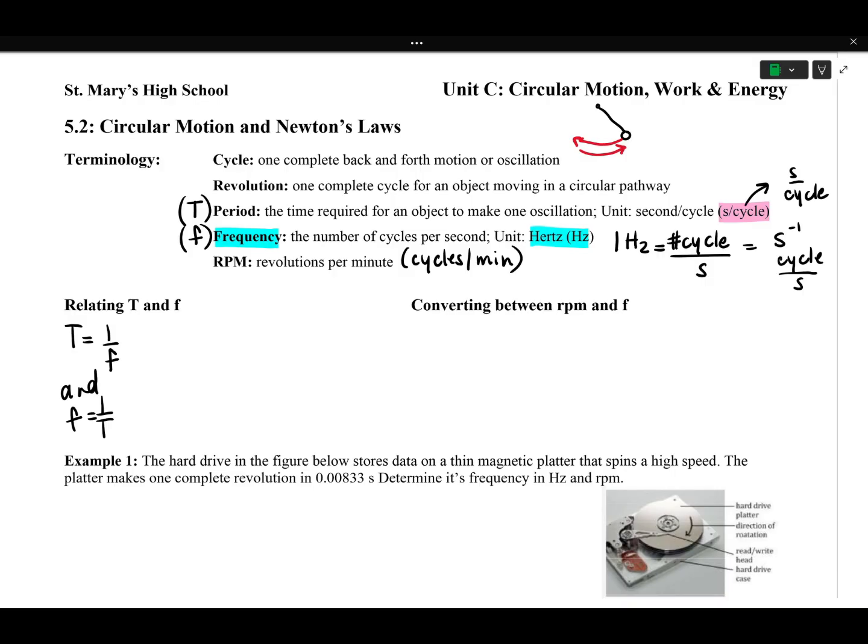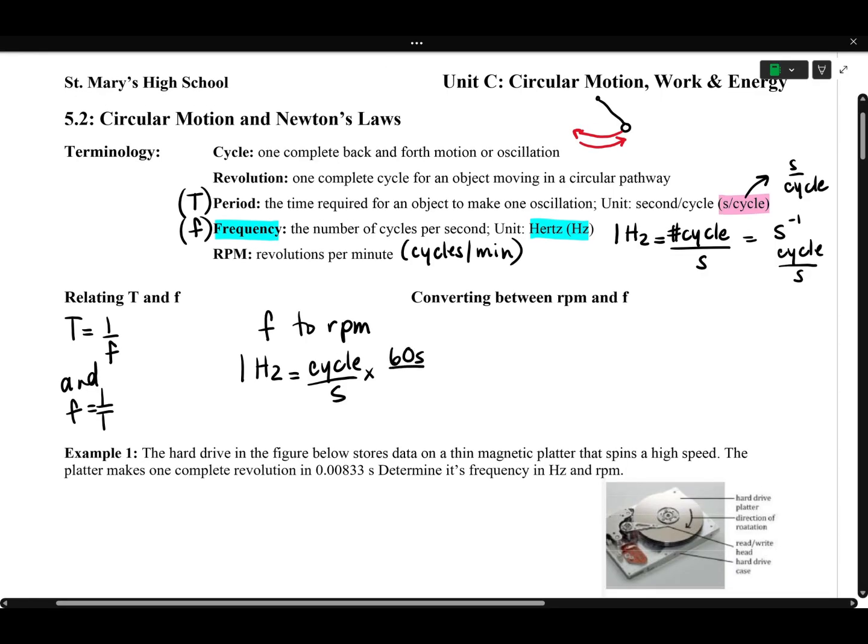So when we want to convert between RPMs and frequency, if we are going from frequency to RPMs, we are going to take a look at this. Frequency, the unit is a hertz. A hertz is also a cycle per second. We are then going to change it to RPM. RPMs, remember, are cycles per minute. So we want to multiply by 60 seconds for every minute.